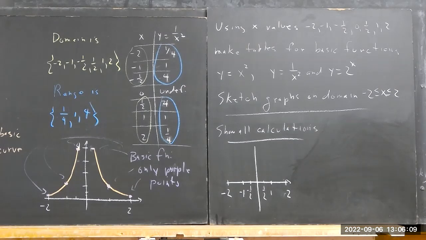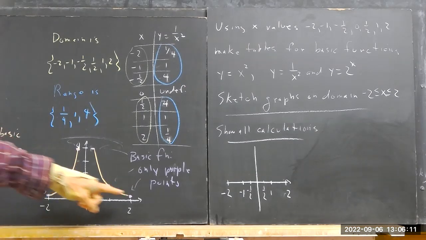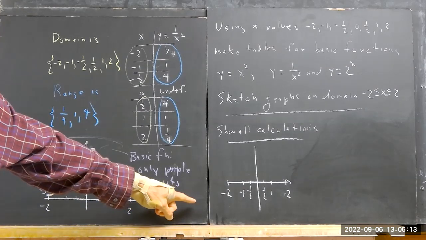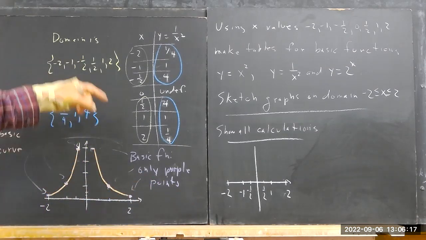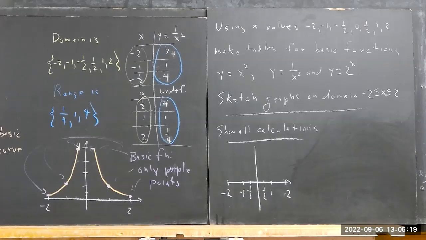Now notice that I haven't extended the curve past 2, past -2, or above 4. Just the curve on the domain.